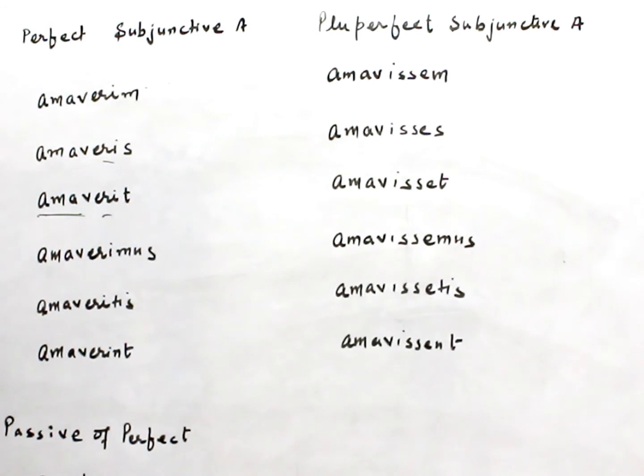This sum will change into sim. That means this will be amatus for male, female a, and um is the ending for neuter, and this sum changes into sim. Sim.